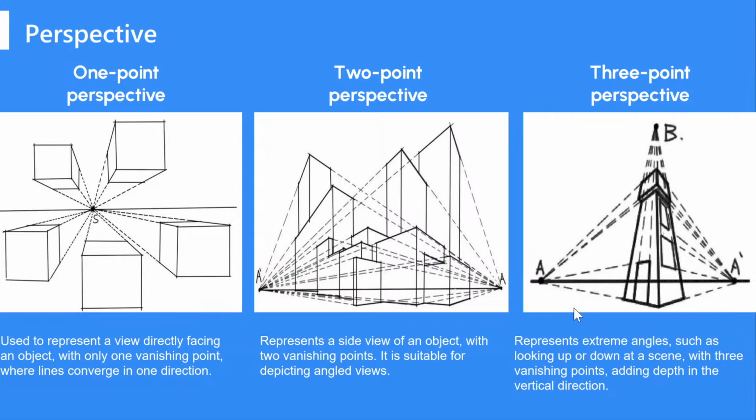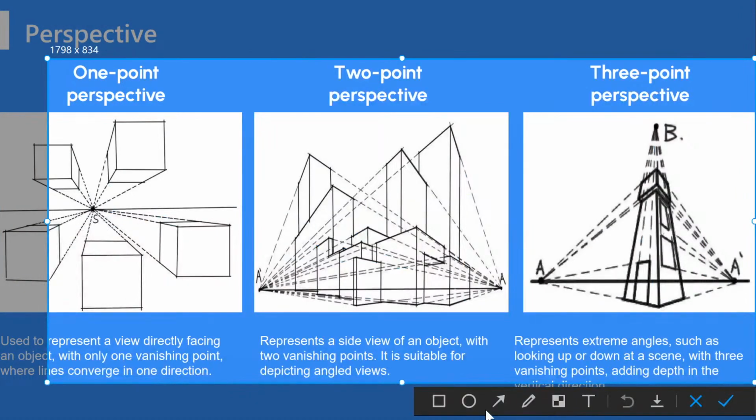And the third one is our 3-point perspective. We can create 3 vantage points in the composition to create an extreme angle, such as looking up at the buildings or looking down on the buildings.